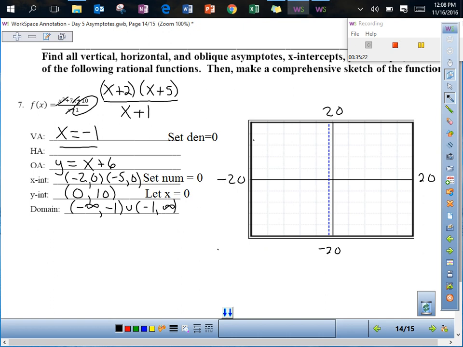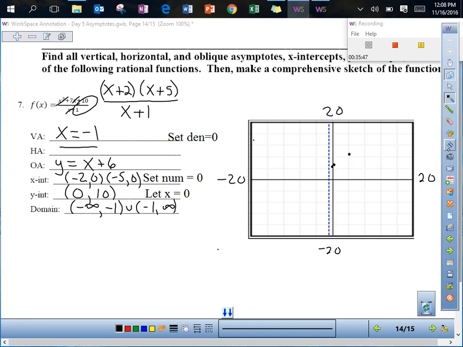To get this oblique asymptote, I need to start at 6, which would be 4, 5, 6, right there. And I need to do a slope of 1. So up 1 and over 1. So something right in there.